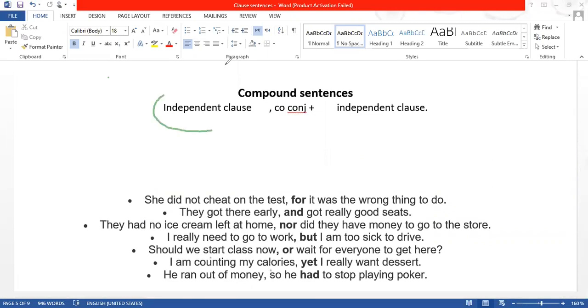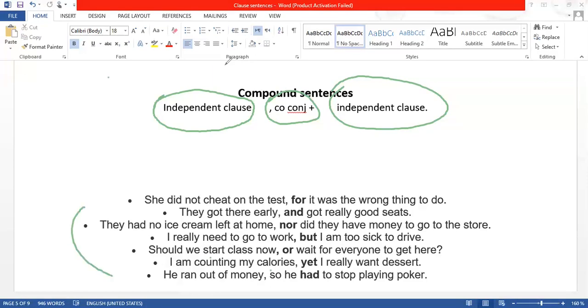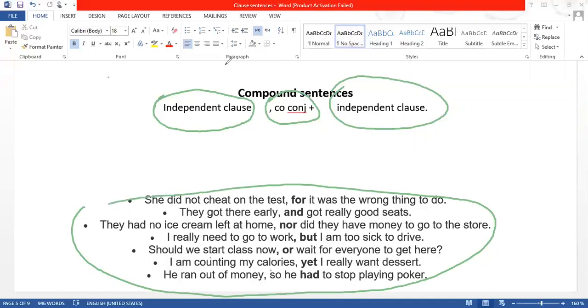We have an independent clause, then a coordinating conjunction, and then an independent clause again. Two independent clauses connected with the help of a coordinating conjunction give us a compound sentence. All these examples are coordinating conjunctions. And how many coordinating conjunctions do we have? Only seven, remember. So it's not confusing.